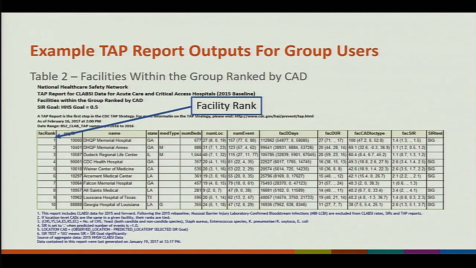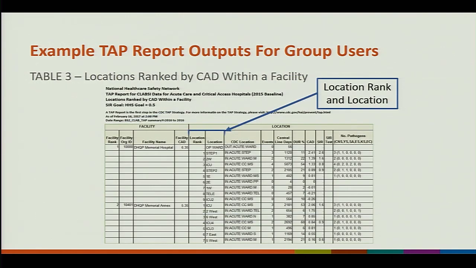So table 2 for group users would be a facility ranking. Again, this is not comparative. Because it's ranked, the ranking is based off of the CADs, and CADs are not a comparative metric. It's just talking about the burden of infection, so it gives a ranking.